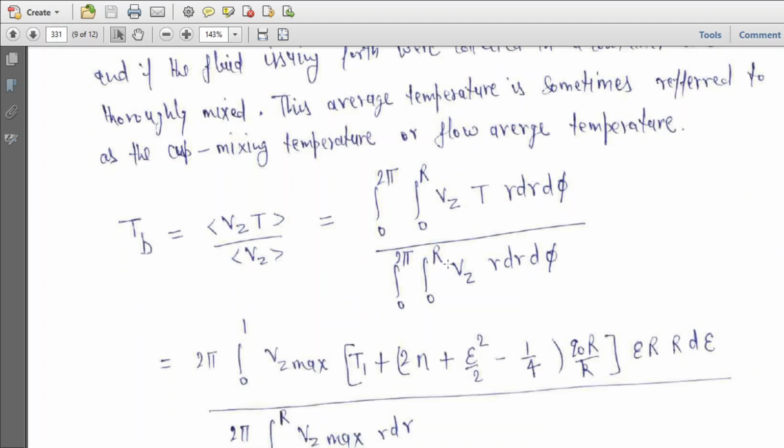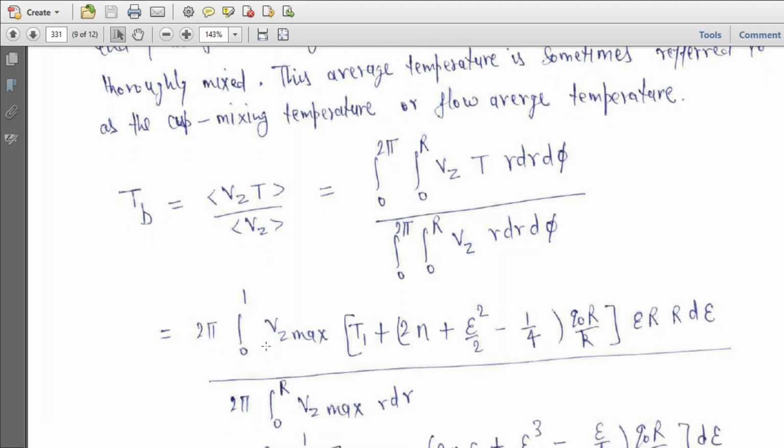So substitute the expression of T. So this is expression of T, Vz max, T1 plus 2 eta plus epsilon square minus 1 by 4 q naught upon R, epsilon or r is R epsilon and dr is R d epsilon, and d phi is 2 pi, and this 0 to R will be changed to 0 to 1.